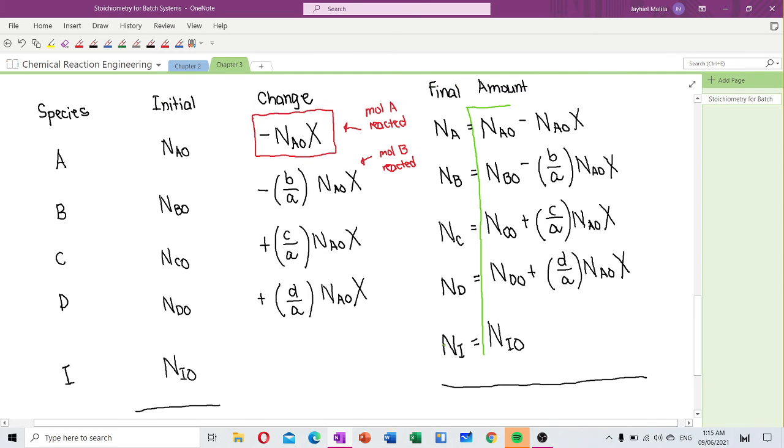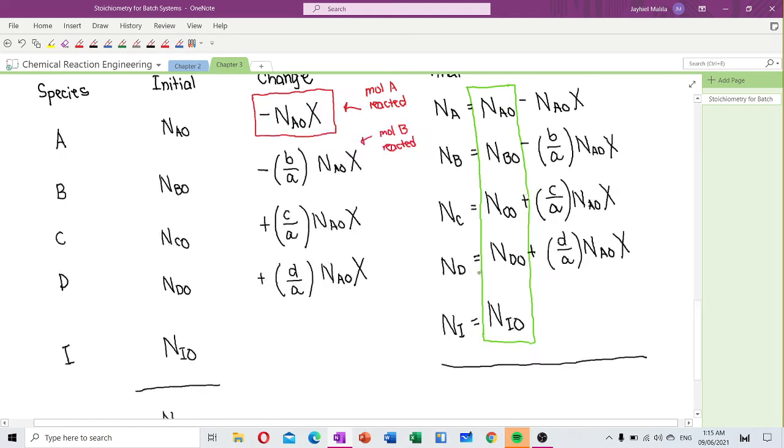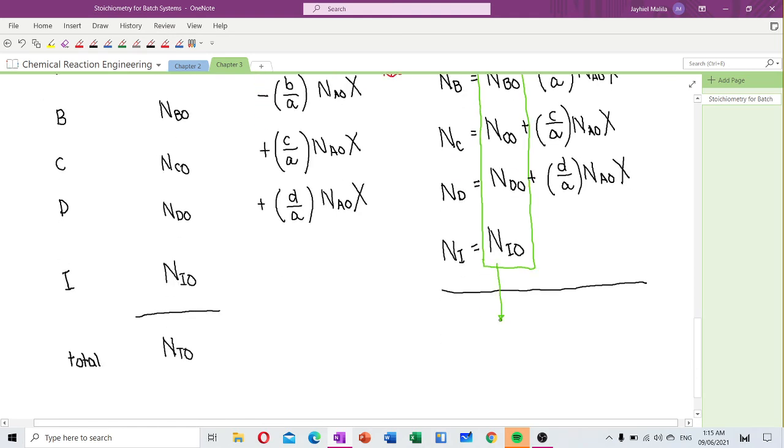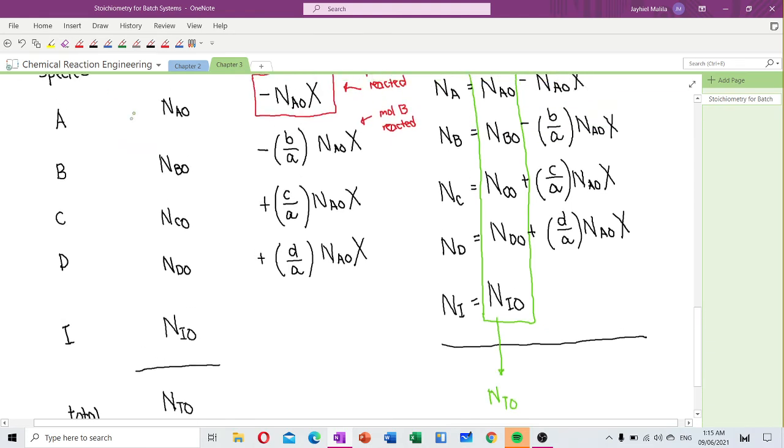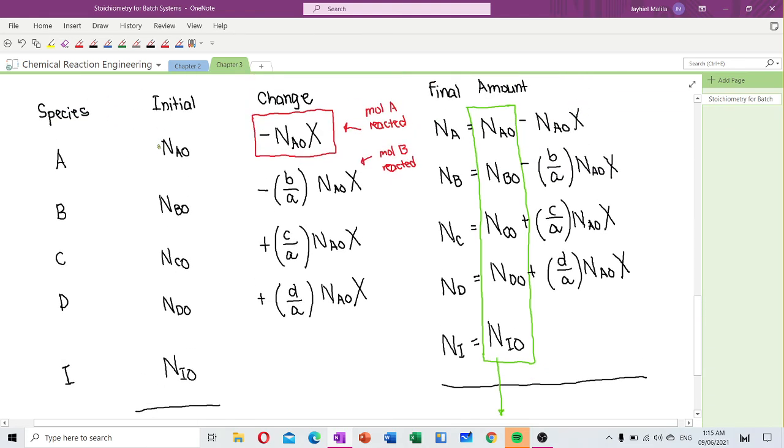But if you re-express everything according to its actual equation, notice that the first terms are actually a summation of the total amounts initially, correct? I hope you noticed that one.